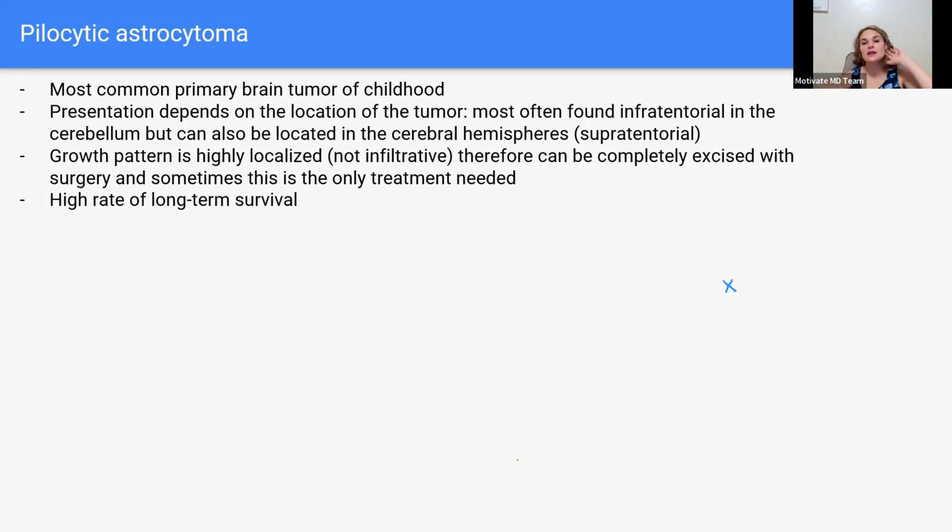The growth pattern is highly localized. What this means is that the tumor itself is very well circumscribed. It's not infiltrating into different parts of the brain, which is good because this means surgery is often curative for them. And patients have a high rate of long-term survival. So if you have pilocytic astrocytoma, you have a much better prognosis than if you had something like medulloblastoma.